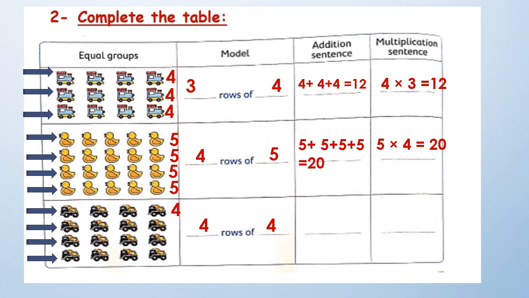The first row has 4 objects. Then I will write 4 plus 4 plus 4 plus 4 equals 16. And the multiplication sentence here, 4 is repeated 4 times. So I will write 4 by 4 equals 16.